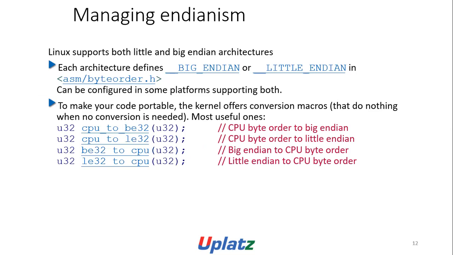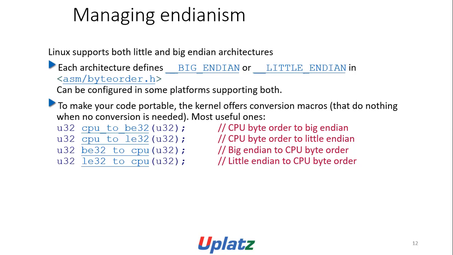Managing endianness: Linux supports both little and big endian architectures. Each architecture defines __BIG_ENDIAN or __LITTLE_ENDIAN in asm/byteorder.h, and can be configured in some platforms supporting both. To make your code portable, the kernel offers conversion macros that do nothing when not needed.